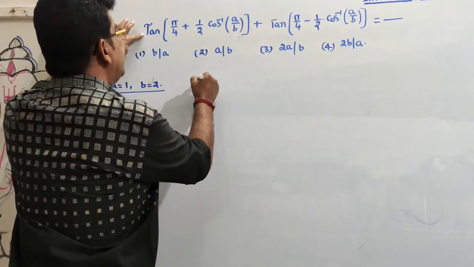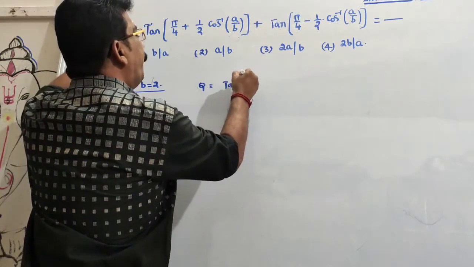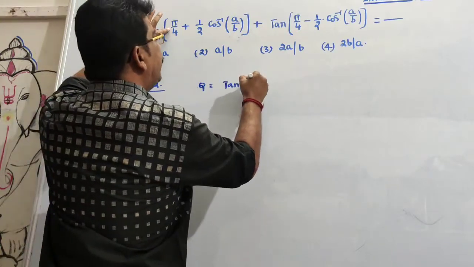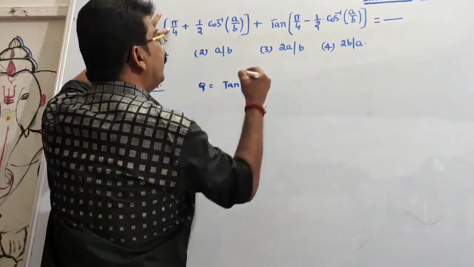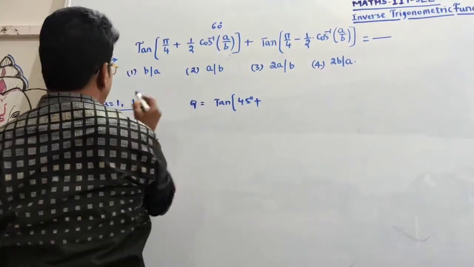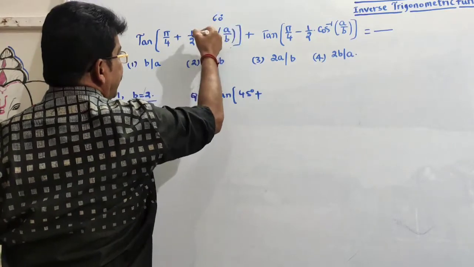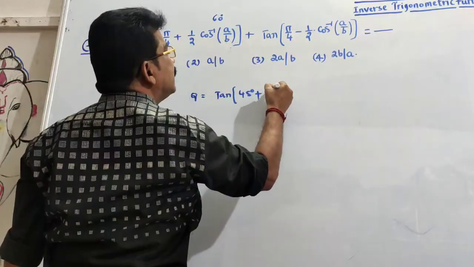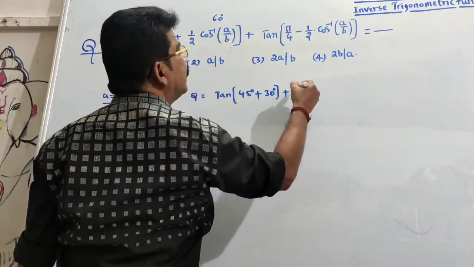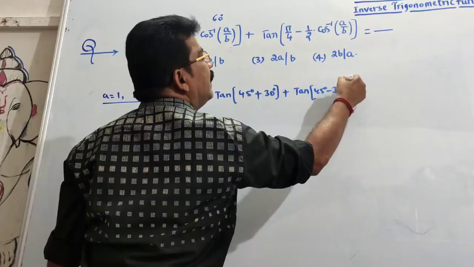So the question is equal to tan of 45 degrees plus 60 degrees by 2, that is 30 degrees, plus next tan of 45 degrees minus 30 degrees.